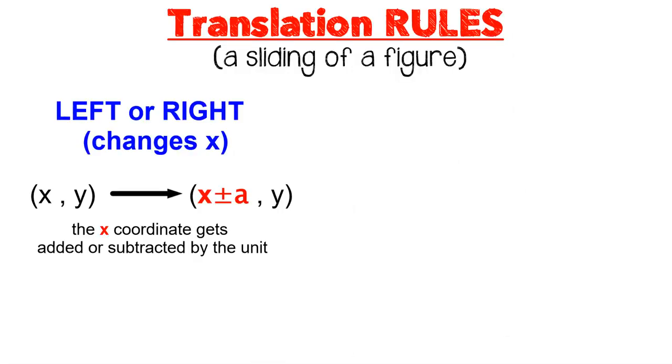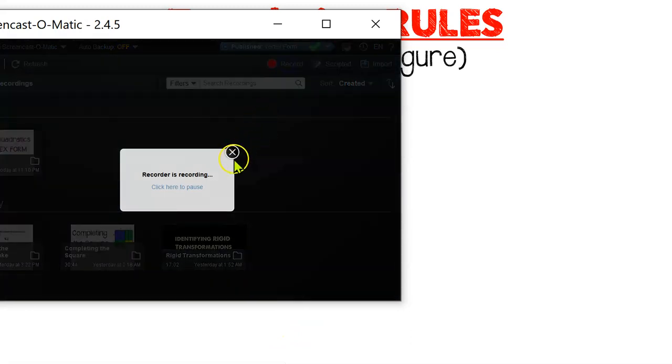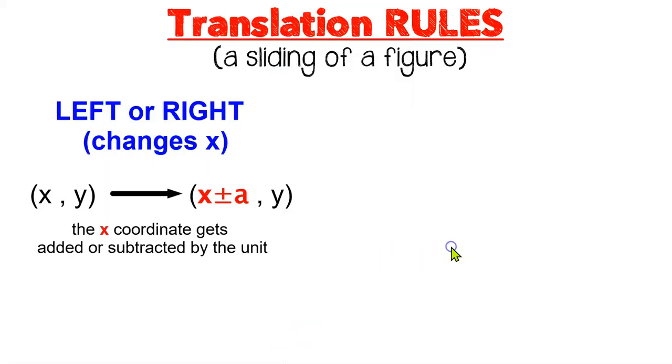All right. We just saw by the motions that I did on the coordinate graph that when you move left or right, you change your x coordinate value. So you notice here I have a plus sign and a minus sign.